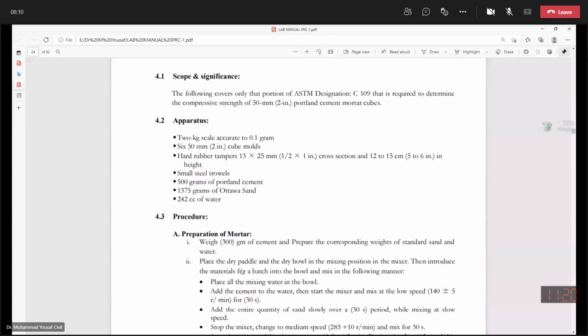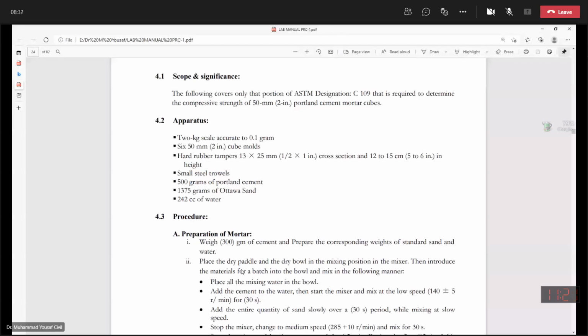Now the focus is to find out the different basic properties of the ingredients of the concrete, and also to assess the final properties of the mortar or the concrete. This is our focus in the PRC lab.